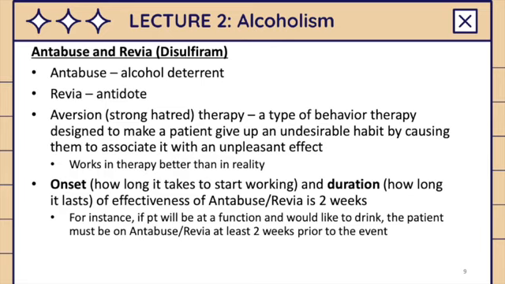2 weeks. So how long do they have to be on the drug before it starts to work? 2 weeks. And how long do they have to be off the drug before they can safely drink again? 2 weeks. So usually the way it happens is doctor prescribes Antabuse.